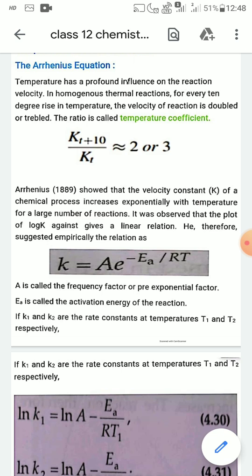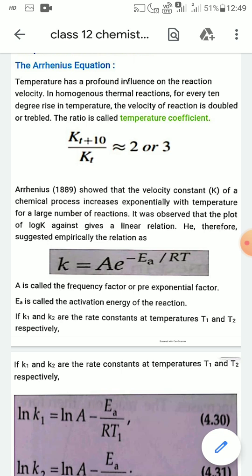The scientist Arrhenius showed that the velocity constant, K, of a chemical reaction increases exponentially with temperature.